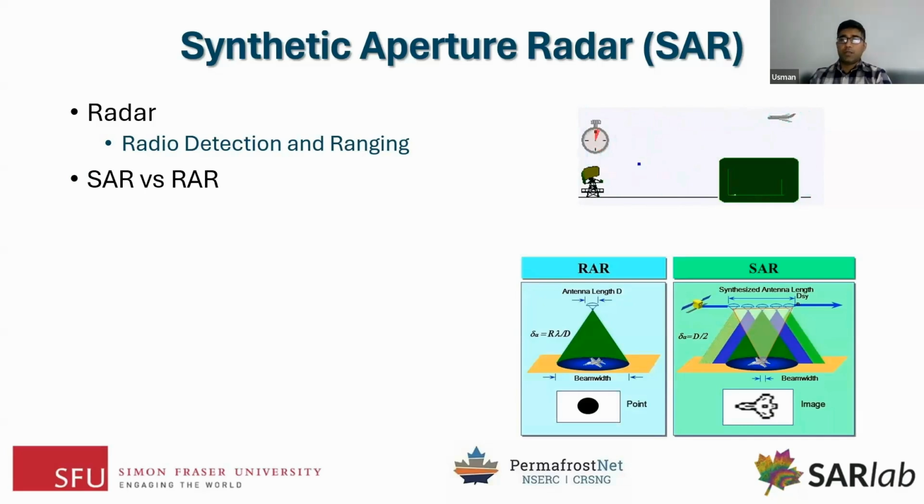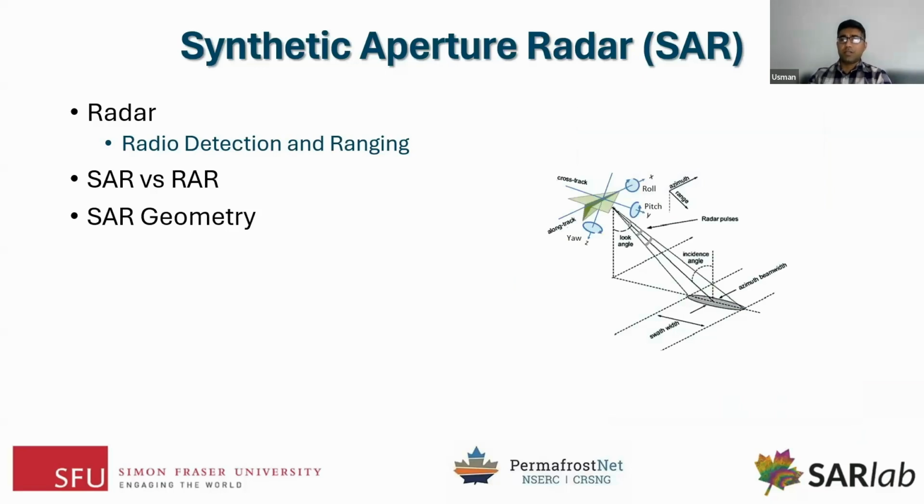So you're limited in terms of the resolution. Here I call it RAR, which is the real aperture radar. And what we do is use digital signal processing techniques to synthesize a larger antenna, which basically makes the resolution synthetically big. And that's how the name synthetic aperture radar is coined.